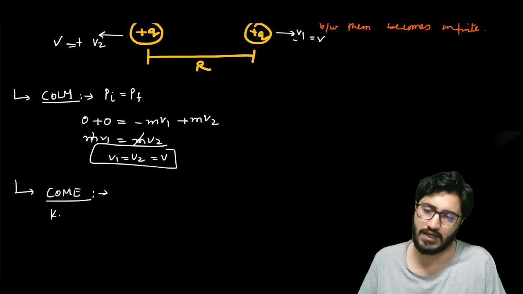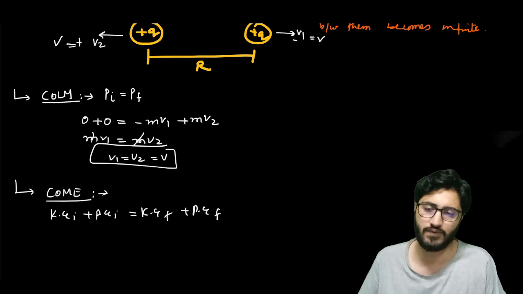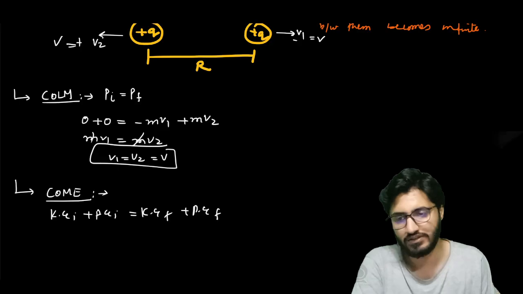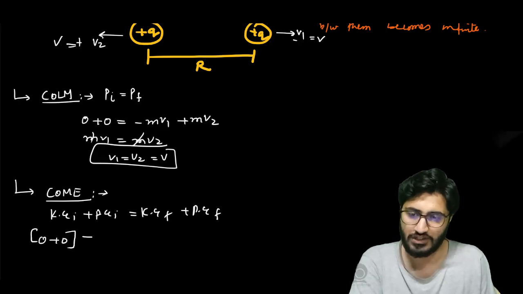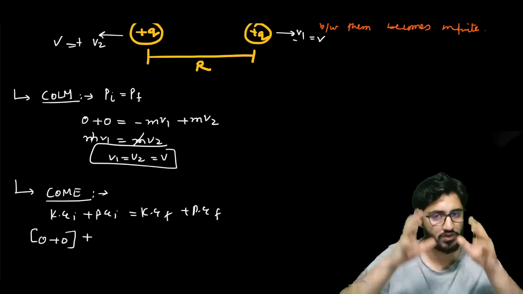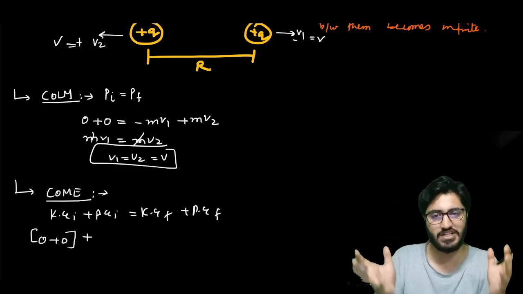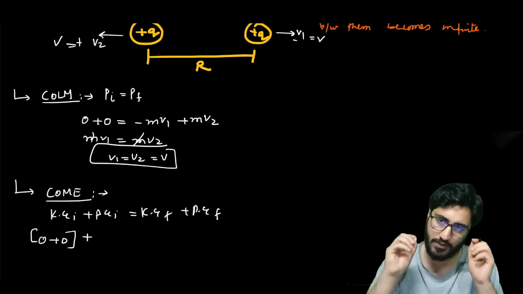Kinetic energy initial plus potential energy initial equals kinetic energy final plus potential energy final. Now kinetic energy initial, both are at rest, so I will write 0 plus 0. Potential energy initially, both are within the vicinity of each other, so there will be a potential energy for sure.